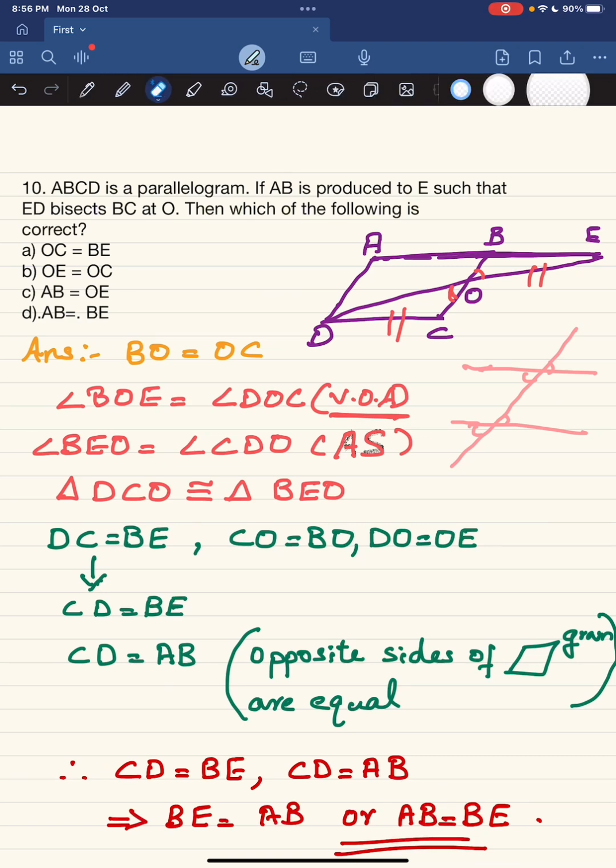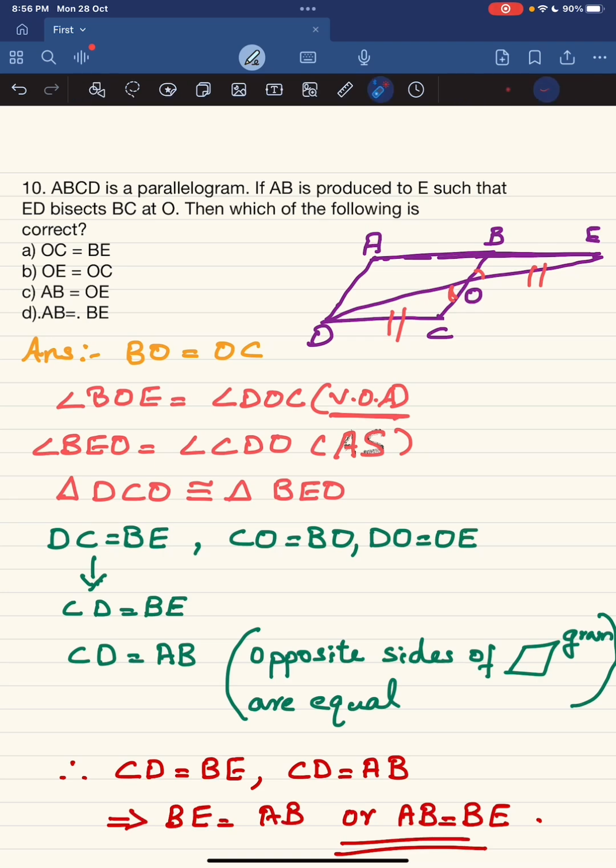Like that, what we got is angle BOE is equal to angle DOC, and so we have one side equal and one angle equal. So by the AS theorem, angle side theorem, we got angle BEO is equal to angle CDO, right?